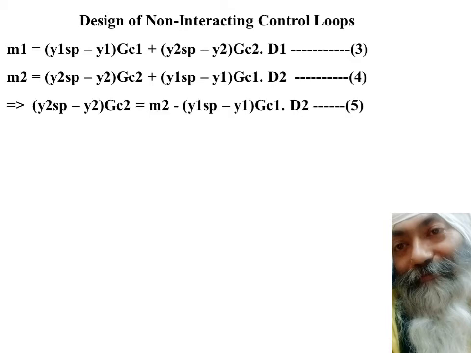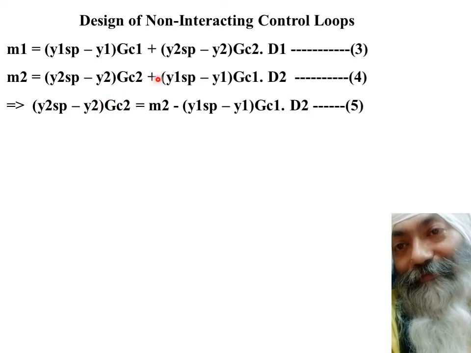Now, as we manipulate this equation number 4, as you can see, it's very simple. I have simply moved this m2 to the right side of the equal to, and this term goes on the left hand side. And similarly, what we get over here is the value of y2sp minus y2.